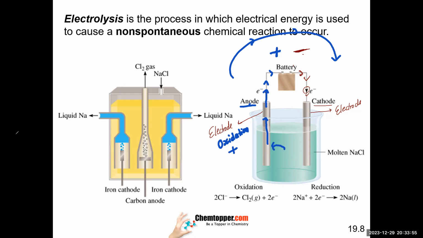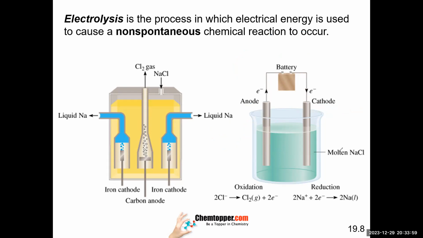Okay, now let's see what happens. We have taken NaCl molten. Molten means liquid. We have not taken NaCl aqueous. There is a big difference. Big difference. We have not taken this. We have taken this. Right? Okay, now let's see what happens.